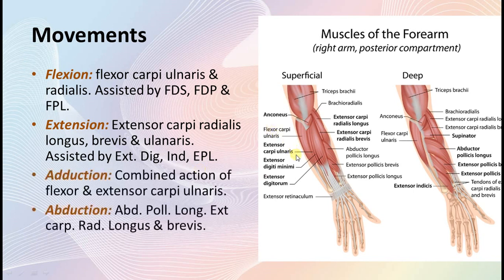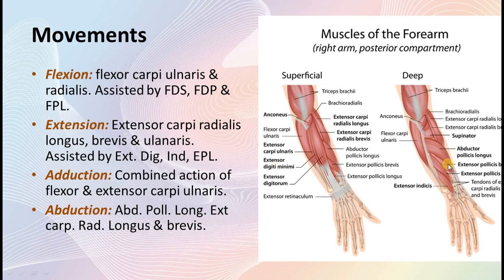Adduction is by the combined action of flexor and extensor carpi ulnaris, both put together. Abduction is by abductor pollicis longus, extensor carpi radialis longus and brevis. So adduction is mainly by the combined action of flexor carpi ulnaris and extensor carpi ulnaris.